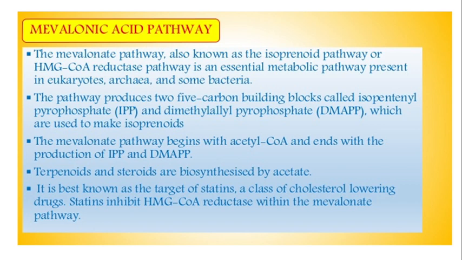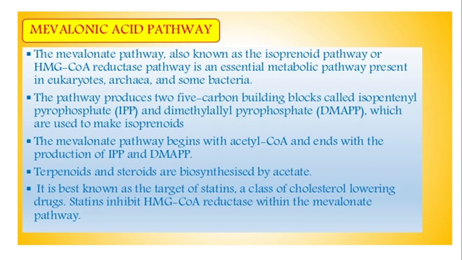So the pathway produces two 5-carbon building blocks called isopentenyl pyrophosphate, IPP, and dimethylallyl pyrophosphate, DMAPP, which are used to make isoprenoids.